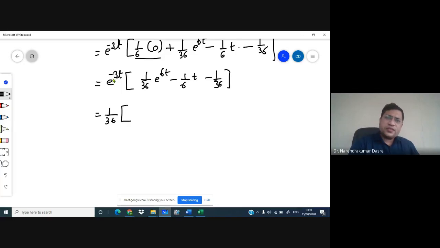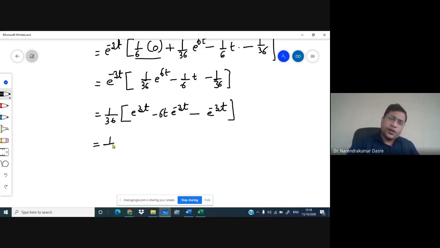If I multiply this e raised to minus 3t and e raised to 6t, I'll get e raised to 3t minus e into e raised to minus 3t. And here we are taking 36 common, so here I'll be having 6t e raised to minus 3t, and this is e raised to minus 3.